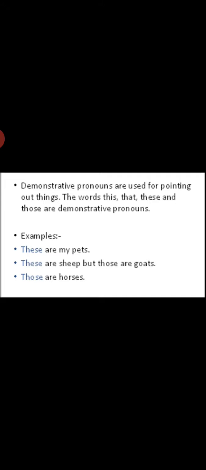Okay, now move on to the next one, reflexive and emphatic pronoun. Guys, reflexive pronouns are used when the action done by the subject is reflected back upon the subject.